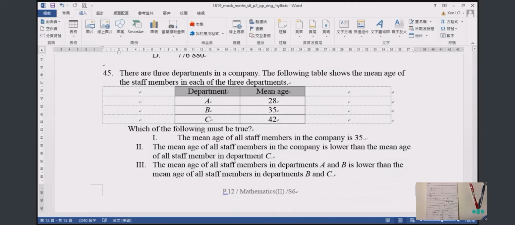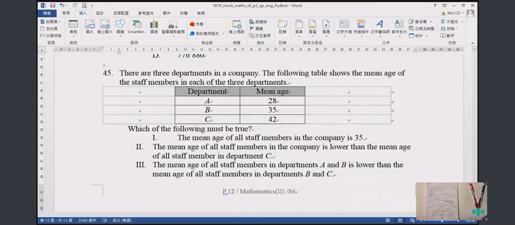There are 3 departments in a company, department A, B, and C, and each department has its own mean age. Department A has mean age 28, department B has mean age 35, and department C has mean age 42.